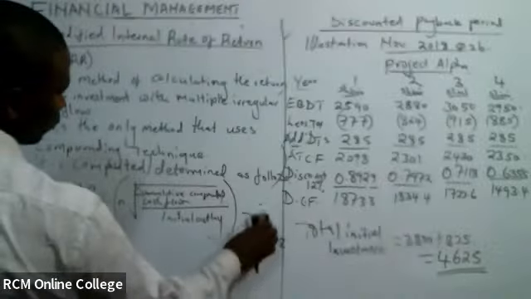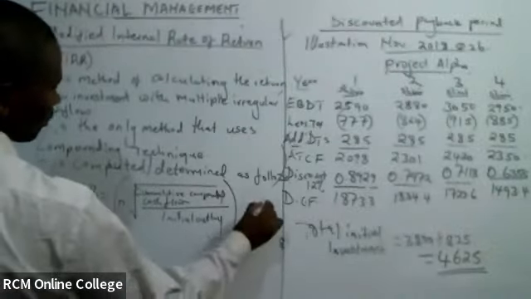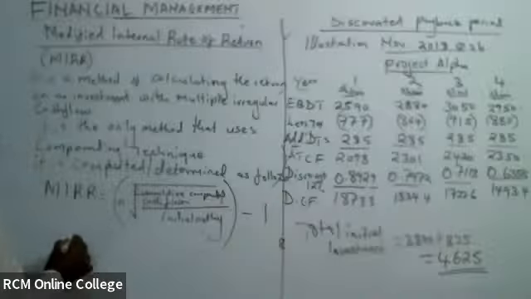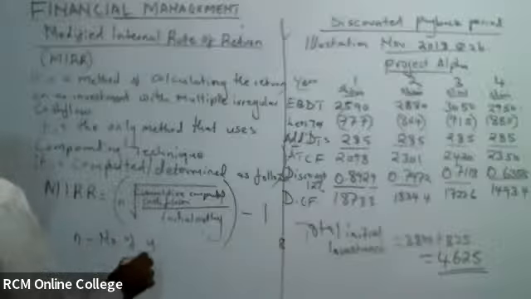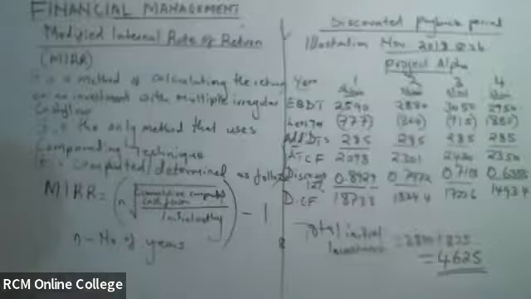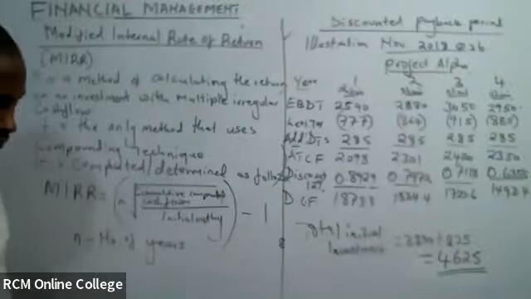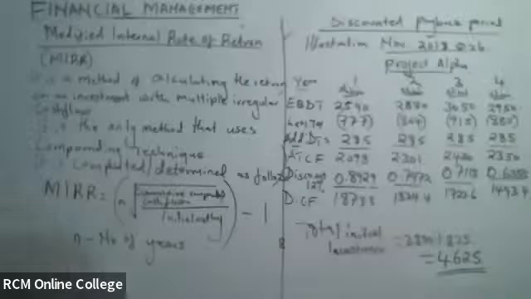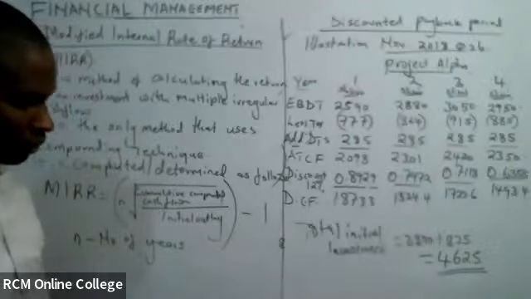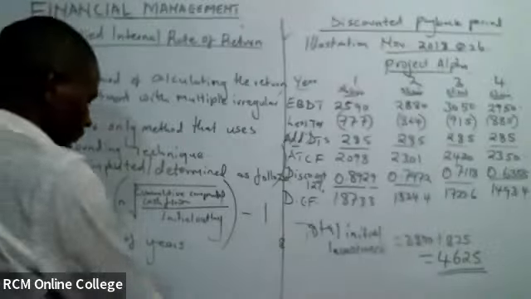The whole of that minus 1, where n is the number of years.